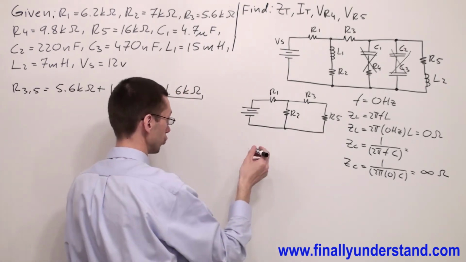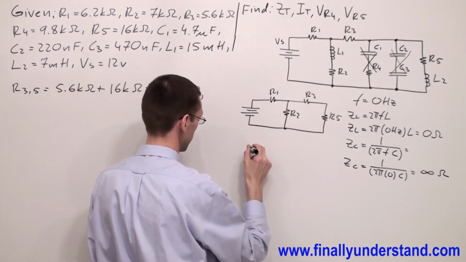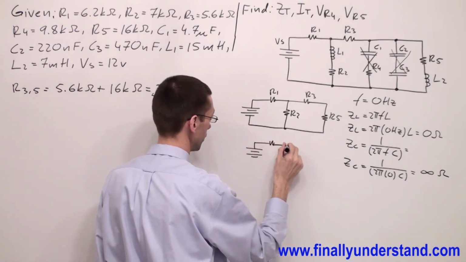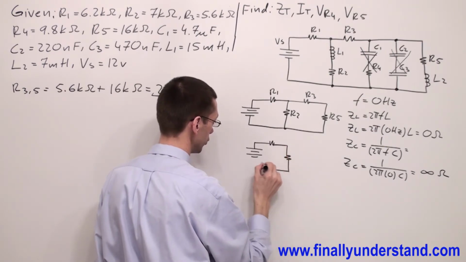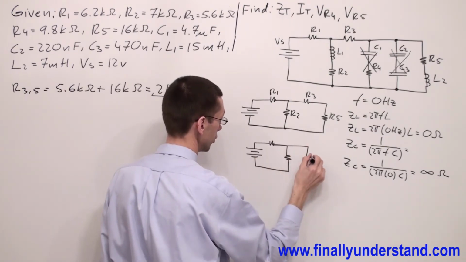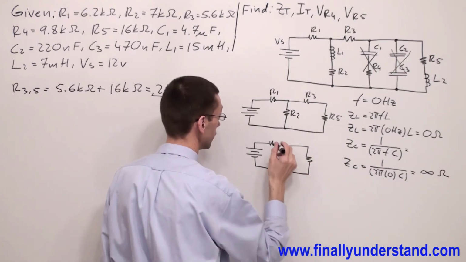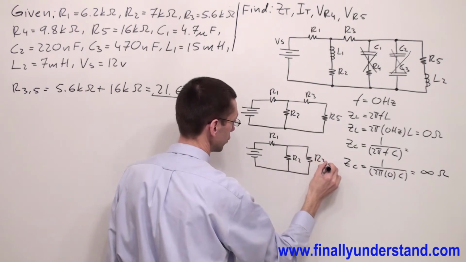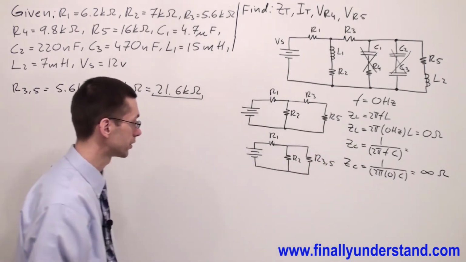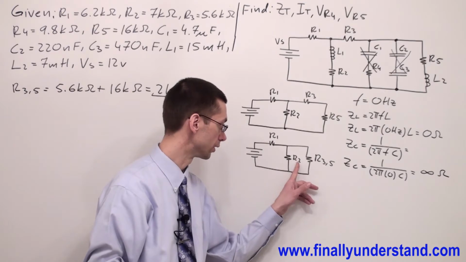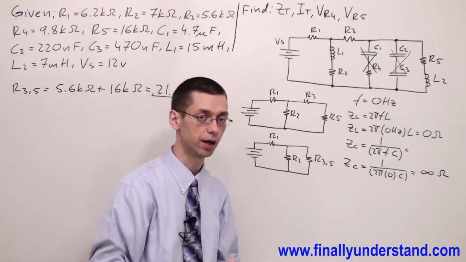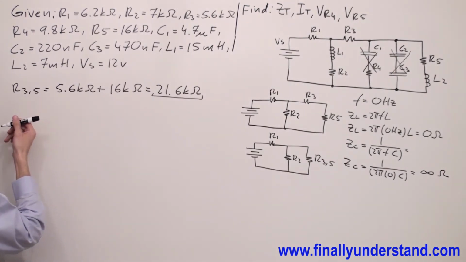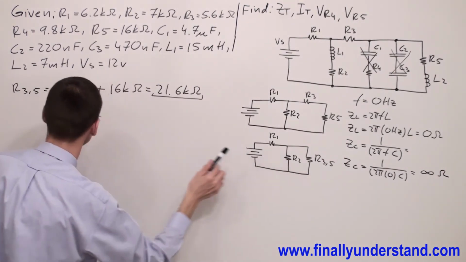I can redraw the circuit in order to make it look simpler. So I have the DC power supply, resistor R2, and resistor R3,5. So I have R1, R2, and R3,5. Next, please notice that resistor R2 and resistor R3,5 are in parallel. So I'm going to use the product over the sum because we have two resistors.